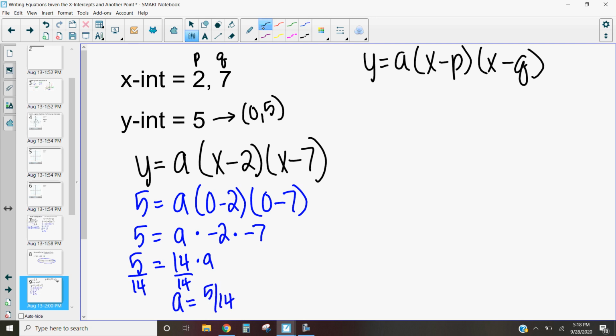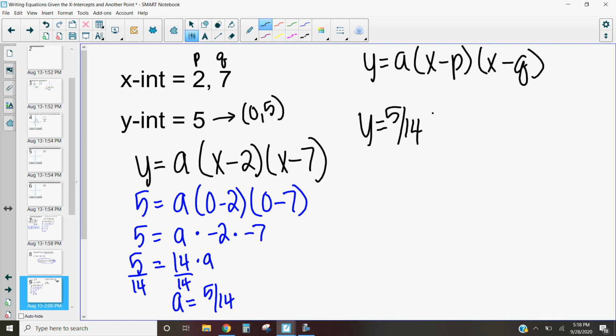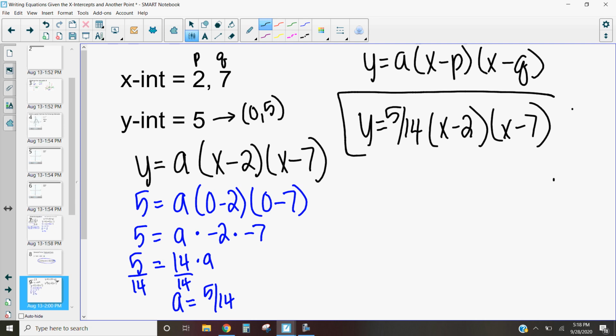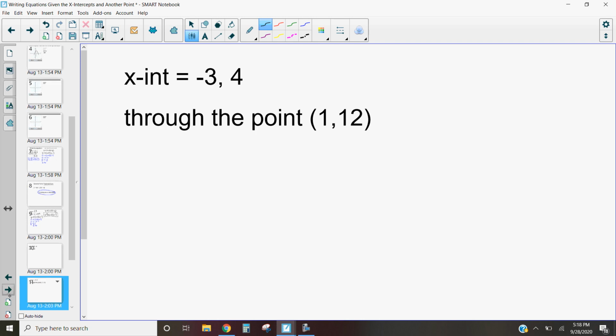So what that means is when we write this out, I've got y equals, instead of a, I'm going to write 5/14 times (x minus 2)(x minus 7). And boom, we've got that equation written. So this works when we have those x-intercepts and our y-intercept every time.